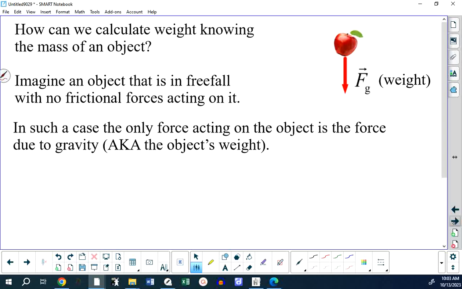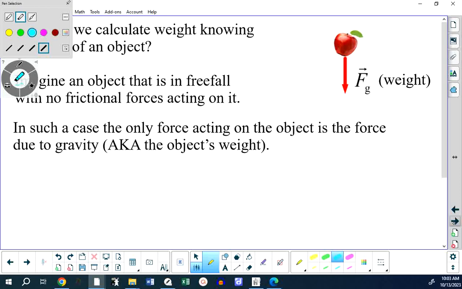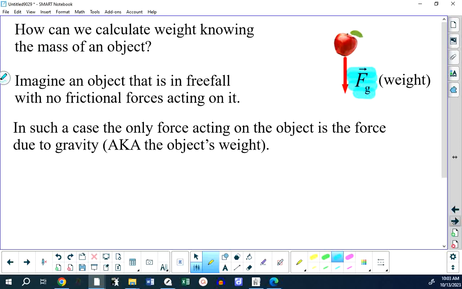And this right here that I'm going to highlight, everyone, is not something that is new today. We've written that a number of times, right? What's new is me telling you that that's called the weight of the object. So the force of gravity acting on that apple is its weight. Now, if I were to go back to the question we talked about where I said F net equals ma, remember that?